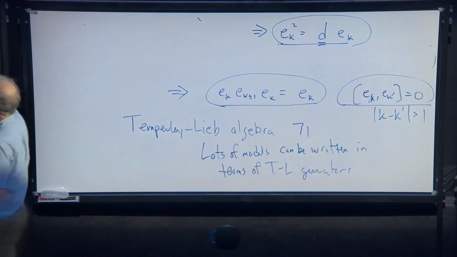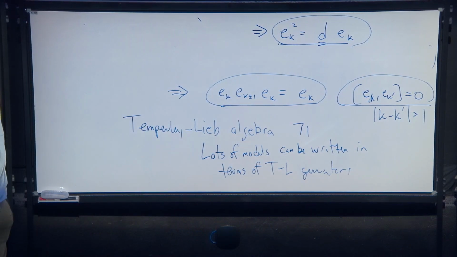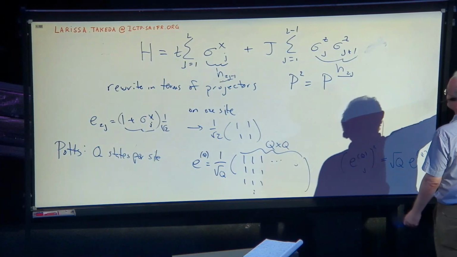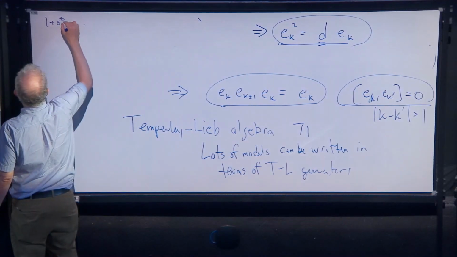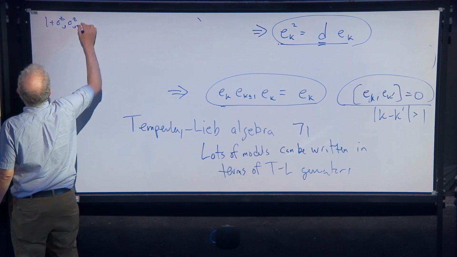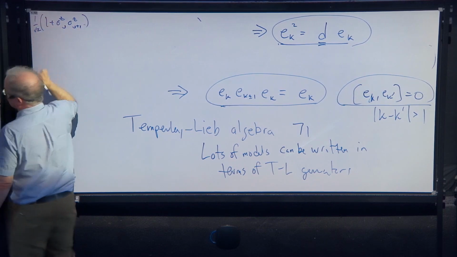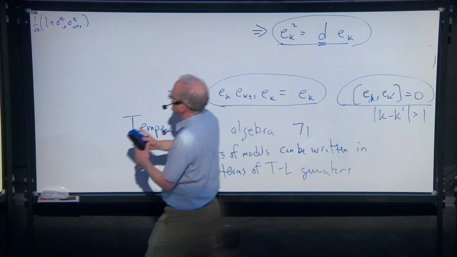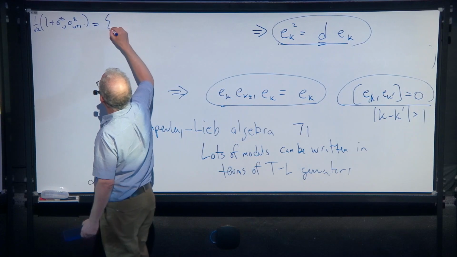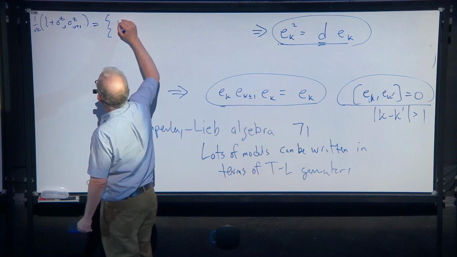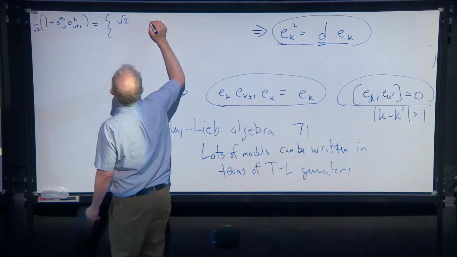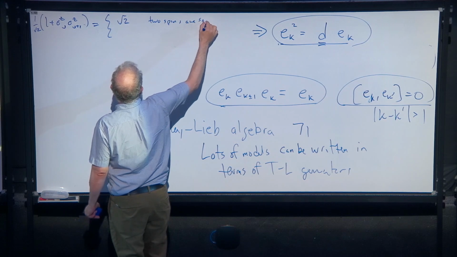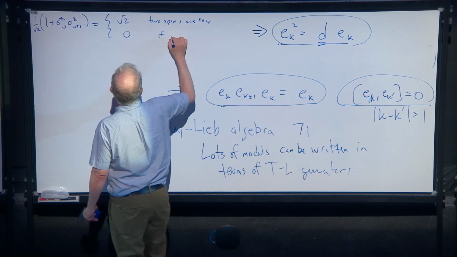So if we now do 1 plus sigma z_j sigma z_{j+1} with 1 over square root of 2, which is the E for Ising, what this does now is it gives you a square root of 2 if the 2 spins are the same, and 0 if not.